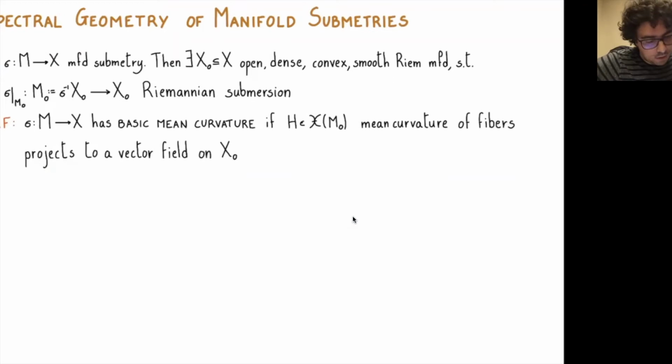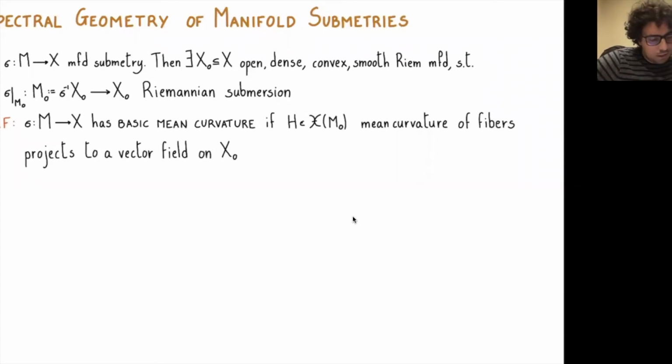Given a manifold symmetry, we can find an open, dense, convex, smooth Riemannian manifold inside of X. So the quotient space, the base space of a manifold submetry, is not just a generic space, but it contains an open, dense, convex subset that is a smooth Riemannian manifold. And when you restrict the manifold submetry to the preimage of this set, it is a smooth Riemannian submersion. So this is a Riemannian submersion almost everywhere.